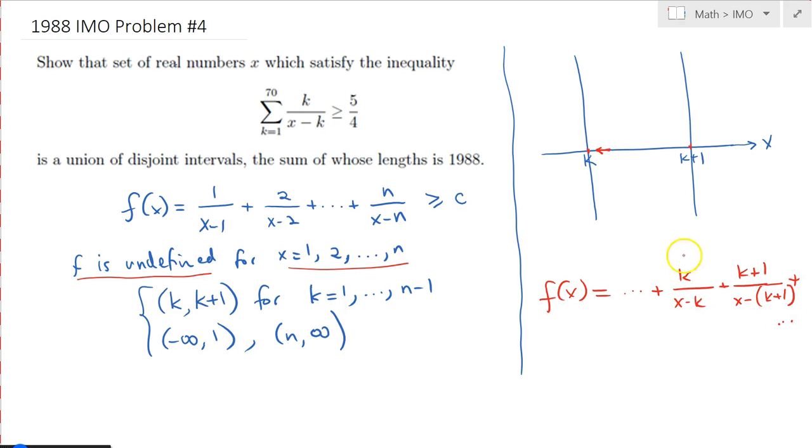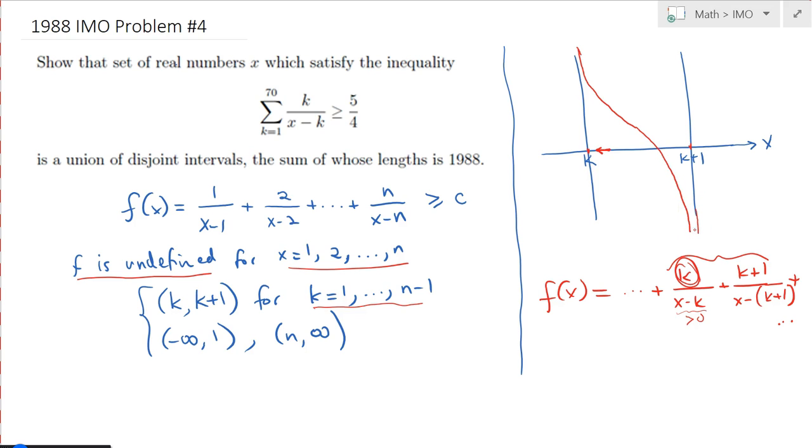So these are the two terms that I need to really pay attention to. So as x approaches k from the right side, this guy is positive and this is positive. Because we are investigating positive values of k, our function will start from positive infinity and it will cross the x-axis and it will go to negative infinity.